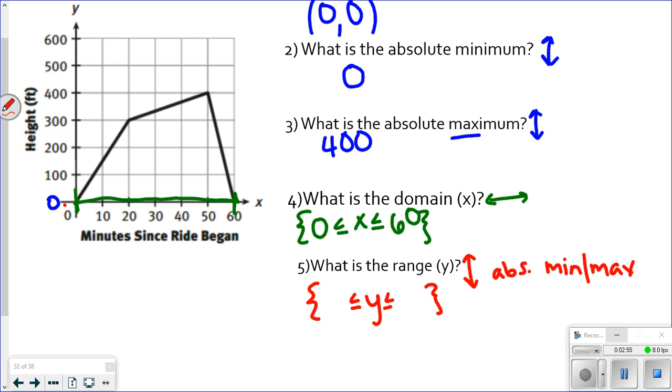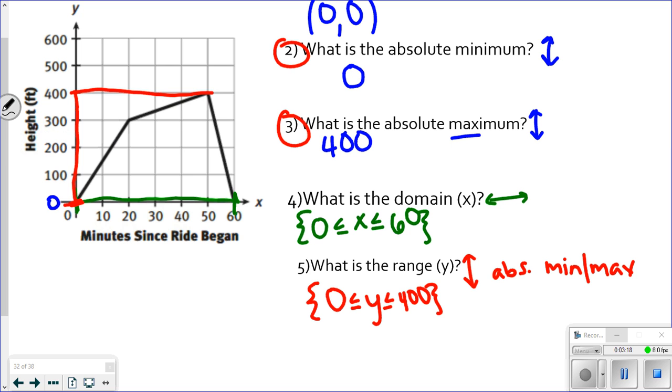So I'm noticing my graph starts down here at a 0, and it goes all the way up, not to 600, my roller coaster stops at this 400. So notice that matches questions 2 and 3.